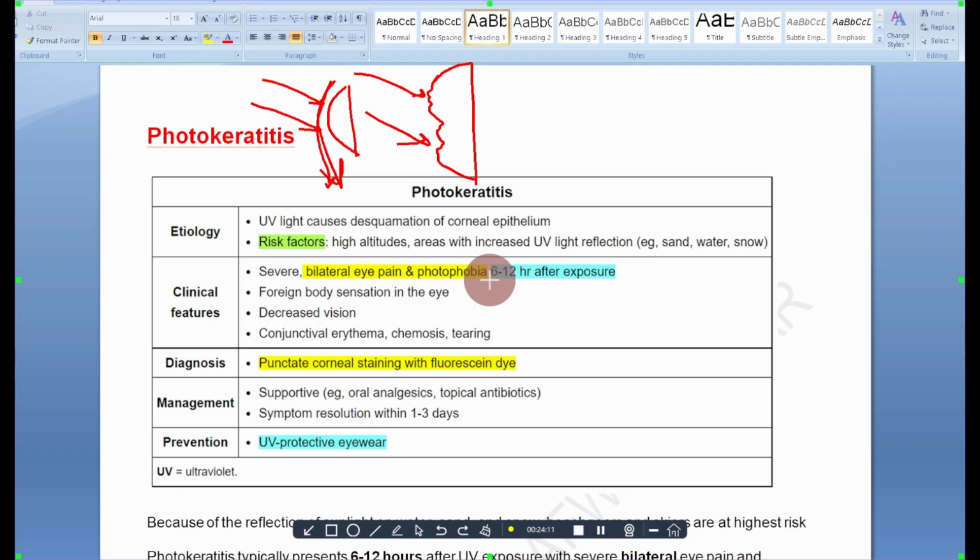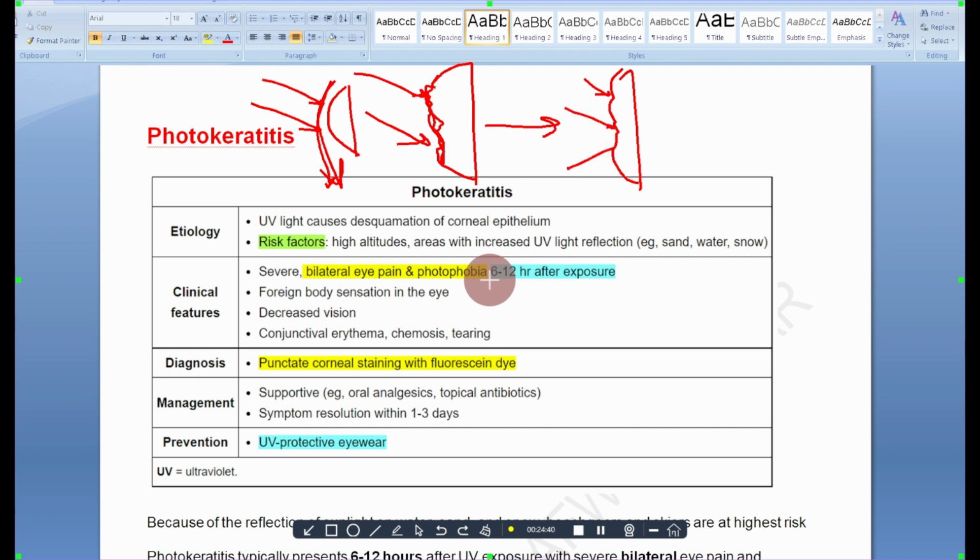So the fluorescein dye is usually really well adherent to the basement membrane. So in that case, the fluorescein dye just adheres to all the areas where the epithelium has been shed off, to the basement membrane. So now when you visualize the cornea, you're gonna be able to visualize all the defects in the cornea, and that would be signaled by the areas where there has been uptake of the fluorescein dye.